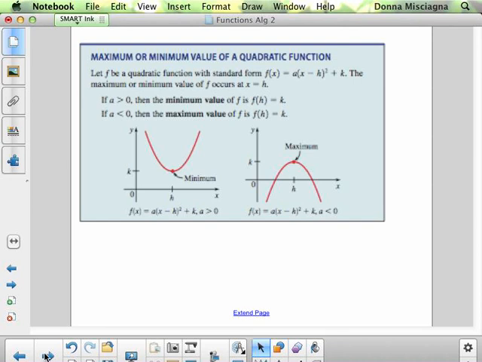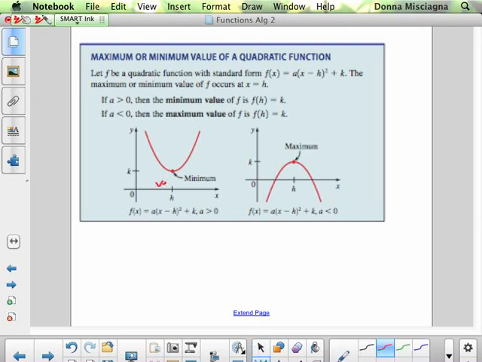All right, so the interesting thing for a parabola is that it only has one extreme value. It has a relative max or a relative min. If the parabola is facing concave up, meaning the starting value is positive, then we're going to have our relative min. It's the vertex of the parabola.